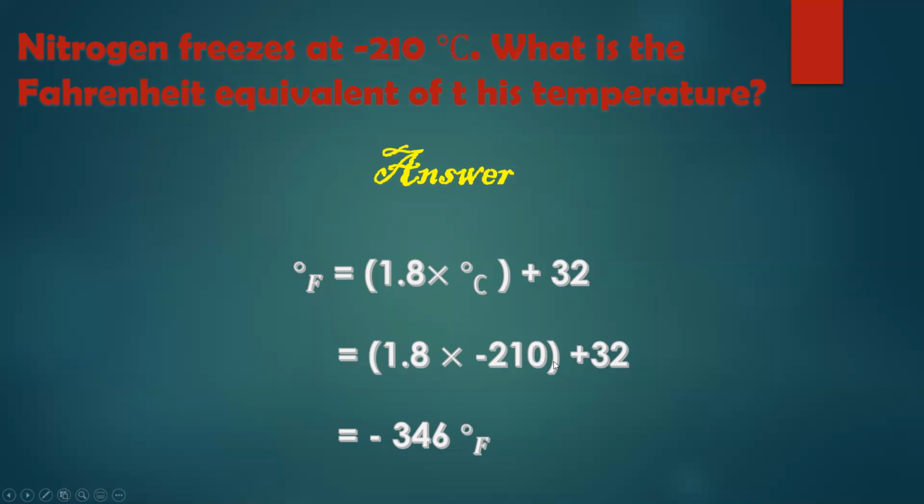The value of C is negative 210. Don't forget to finalize the bracket first by calculator, then add 32. Don't make it one equation. Sometimes it makes mistakes. Here is the final answer, the Fahrenheit equivalent of negative 210 degrees Celsius.